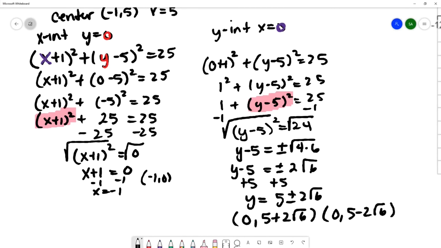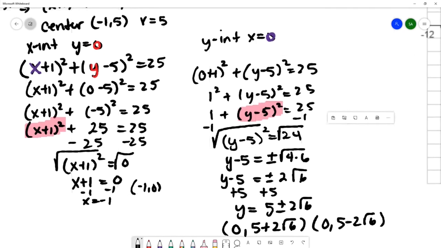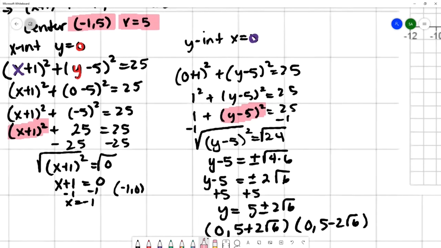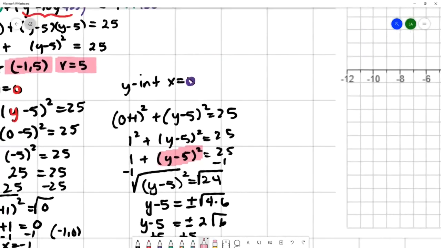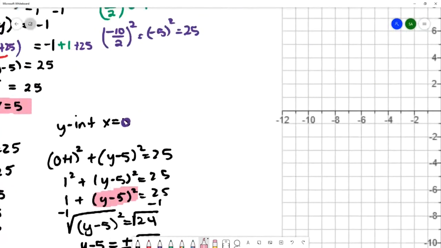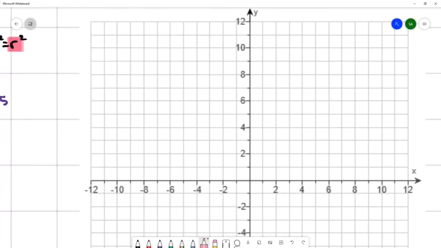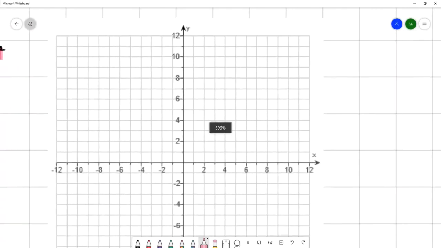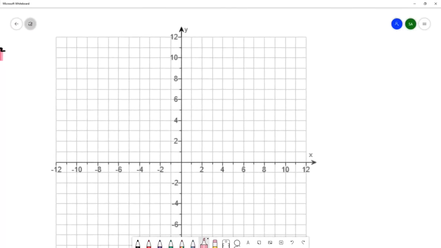So we have one final thing to do, which is to sketch a graph of the circle. And to sketch a graph of the circle, we only need the center and the radius. So the center is negative 1, 5 with a radius of 5.